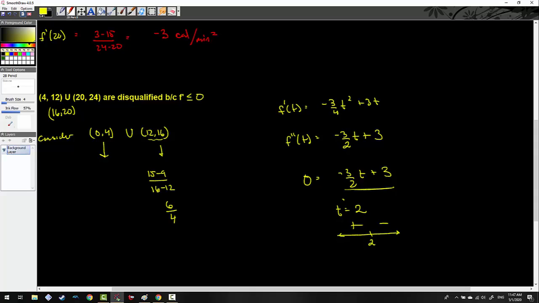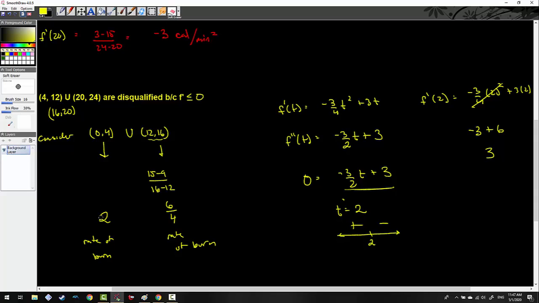So what I'm going to do is find out what f prime of 2 is. Well, that's going to be negative 3 over 4 times 2 squared plus 3 times 2. Those are going to cancel, giving me negative 3 plus 6. That gives me 3. So my f prime of 2 is going to go in here. This is the rate of burn, and this is the rate of burn, and I'm going to compare my rates of burn.